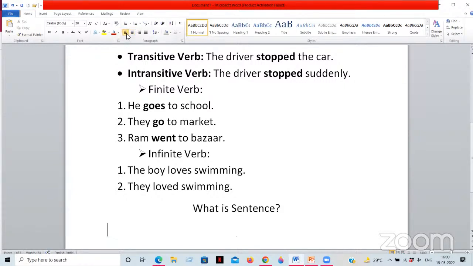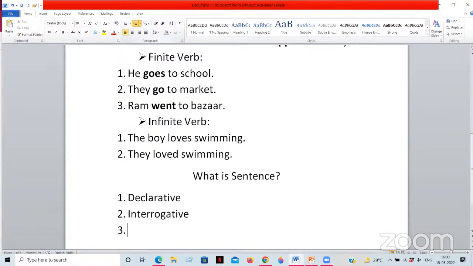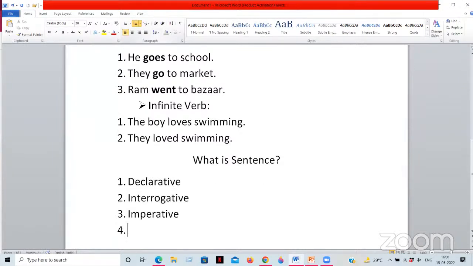Number one, declarative, interrogative, imperative, and what is the fourth one? Exclamatory. That's very good.